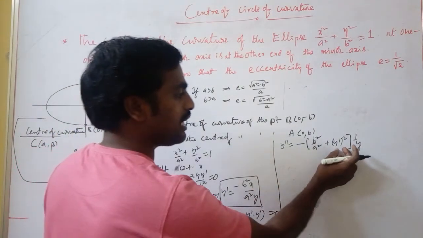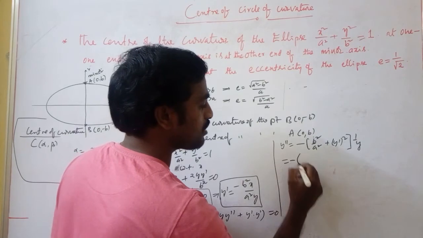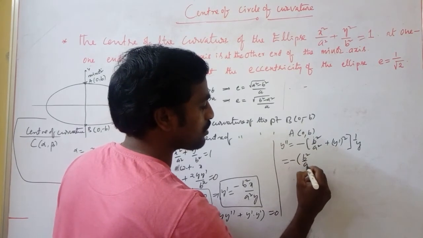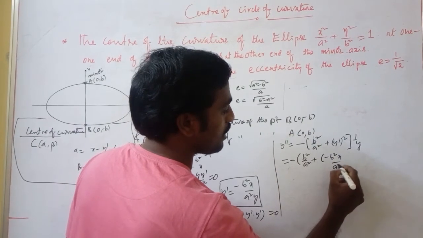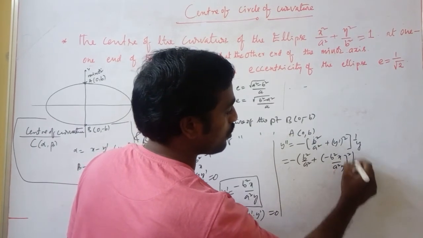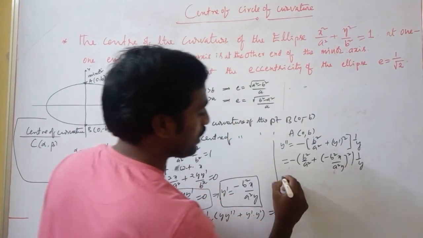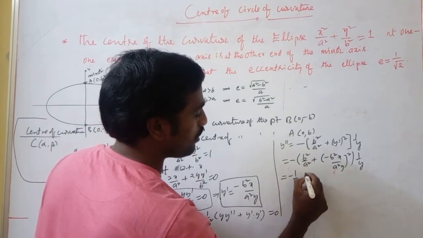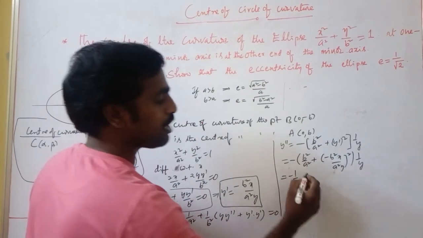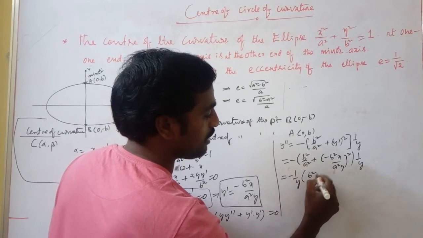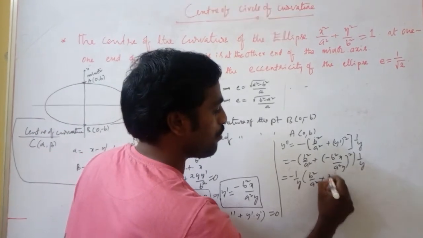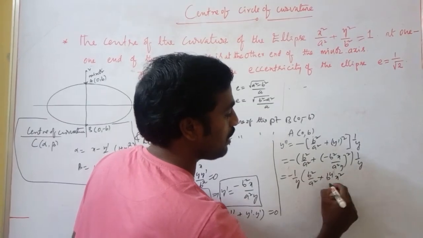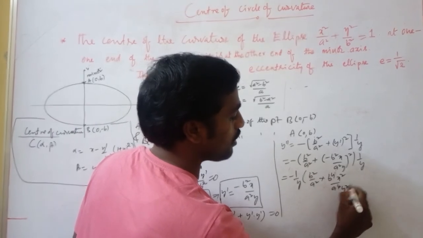You know the first order derivative term, so substitute that value: minus b square by a square plus (minus b square x by a square y) whole squared, into 1 by y. We can write minus 1 by y into, taking b square by a square common, b square by a square plus b power 4 x square by a power 4 y square.